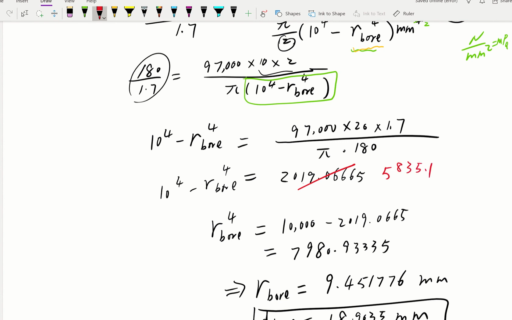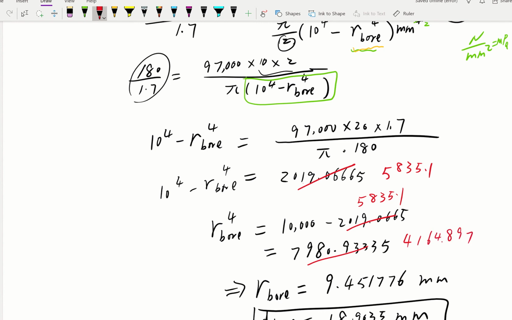Okay, so knowing that, that's going to change right here as well, and we'll change this value. That would be 4164.897.